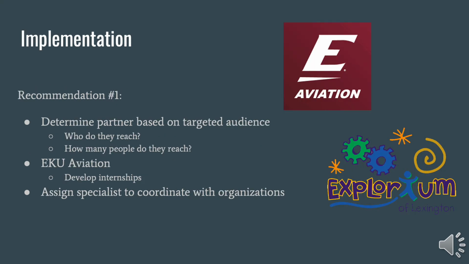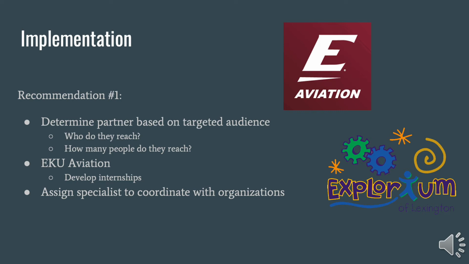So the implementation of the first recommendation, which dealt with establishing partnerships with organizations and other groups within the community, is a great thing to do. Helps with content design, and so to begin with, we talk about determining which partner would be the best to engage with and collaborate with based on our target audience, and use such things as who the partnering groups and organizations reach out to, and how many people do they reach out to?